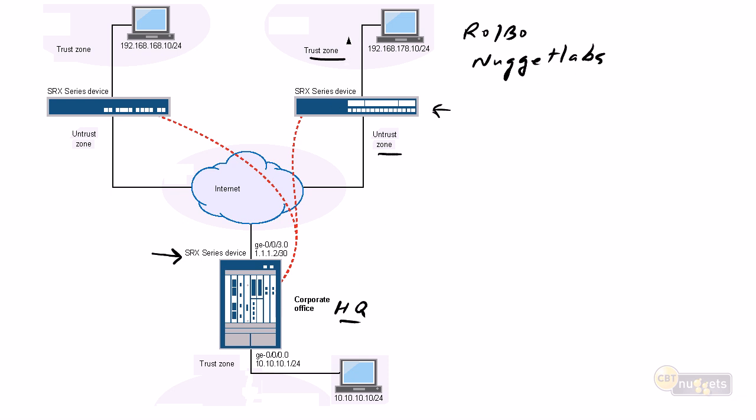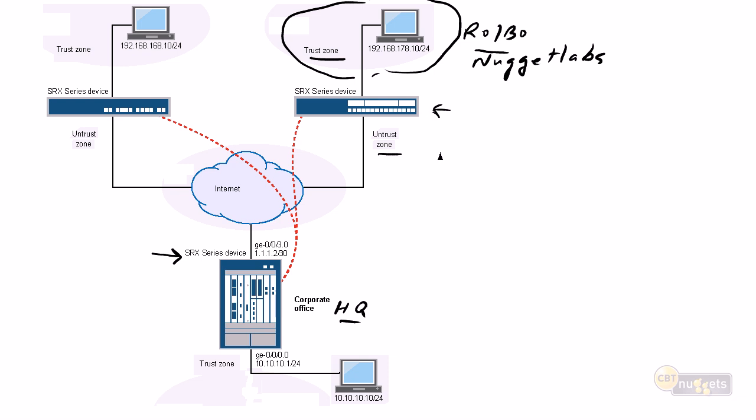Because initially, what you're really concerned about are all of the hosts behind this device at the remote branch office being able to access corporate resources through this SRX from the trust zone to the untrust zone. That's your first responsibility, and to protect all of these devices in the trust zone from a wide variety of attacks and vulnerabilities with a defense in depth strategy on this SRX. So it's really two zones initially we're concerned about.